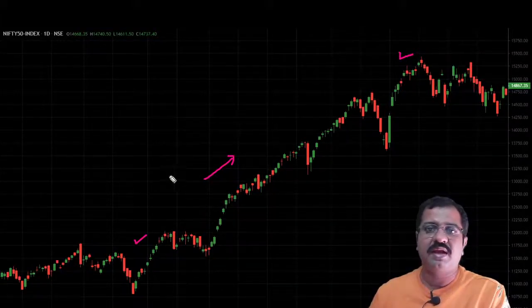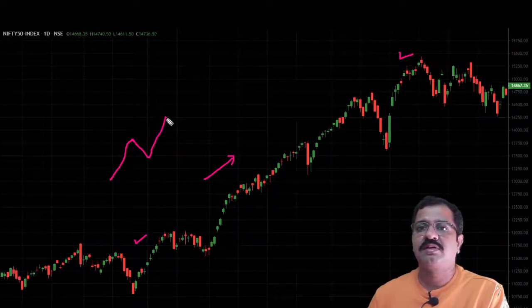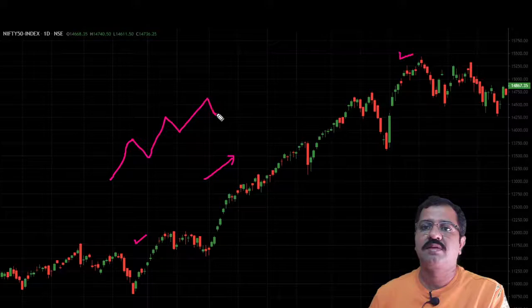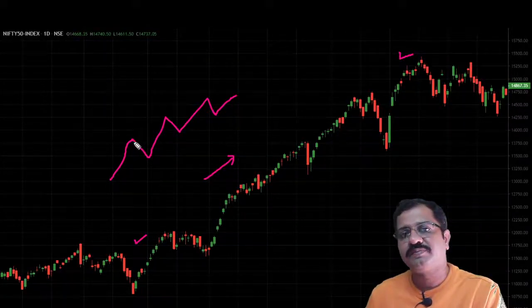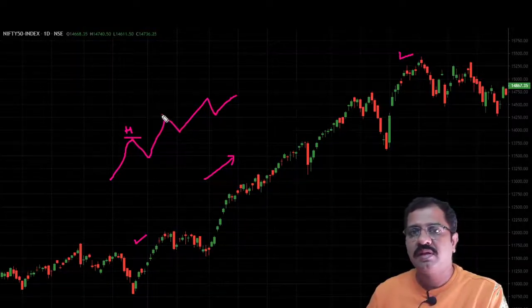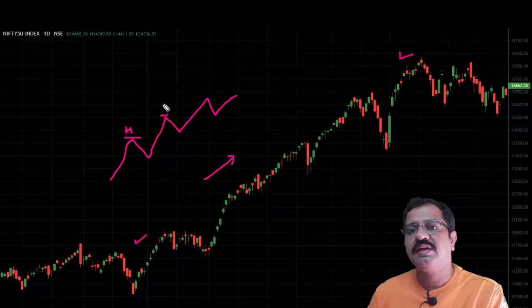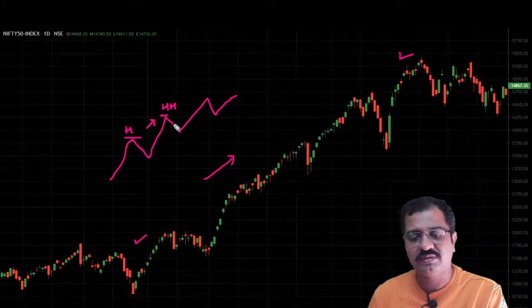What I mean by higher highs and higher lows, let's say this is a chart. Now this is a high, right? And this next high is on the upside, so this is a higher high, right?